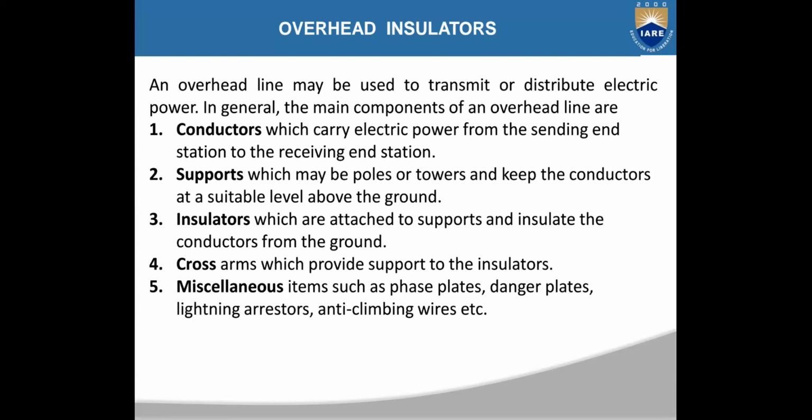Apart from these, you will also use some miscellaneous items, which are phase plates, whether it is 3-phase or single phase, danger plates, lightning arresters, and anti-climbing wires. The main components are conductors, supports, cross arms, and insulators. These are the main components of an overhead transmission line.